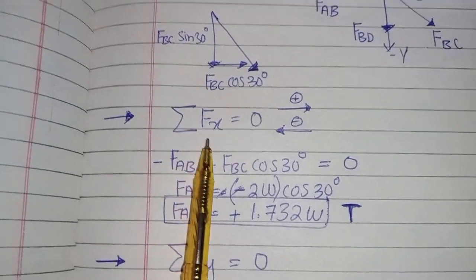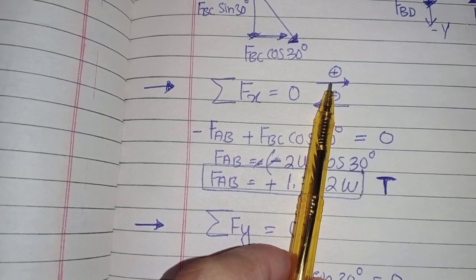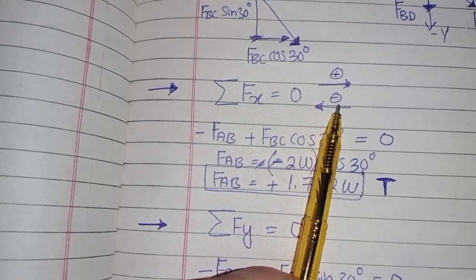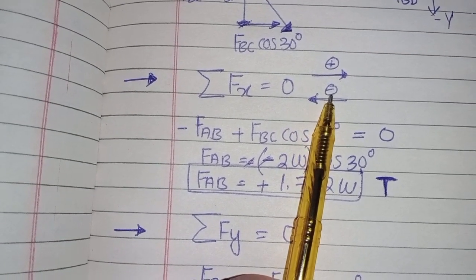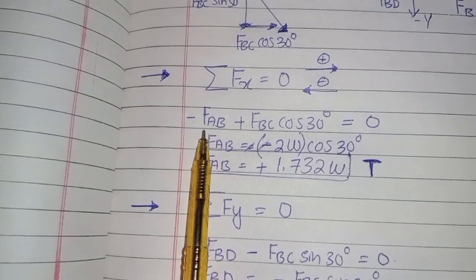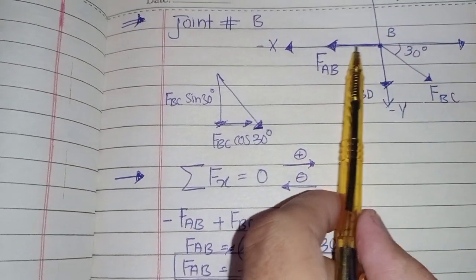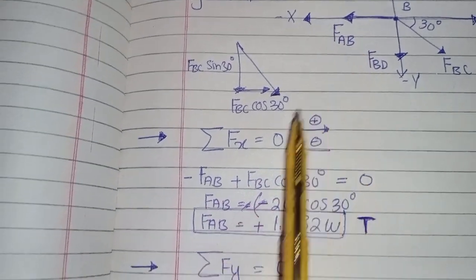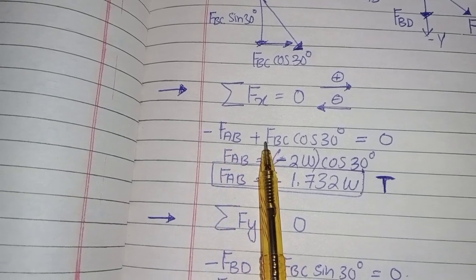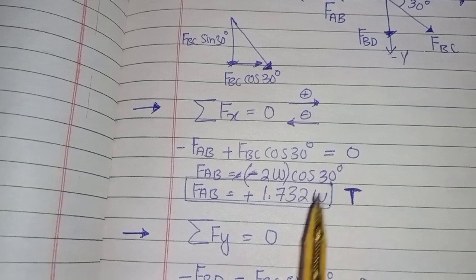So the first equilibrium equation is summation of all horizontal forces equal to 0. The force directed toward right is taken as positive, and the force directed toward left is taken as negative. So negative FAB, because this force is directed toward left, plus FBC cos 30 degree equal to 0.